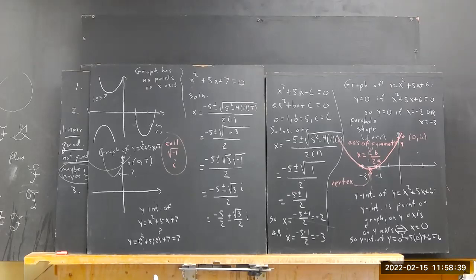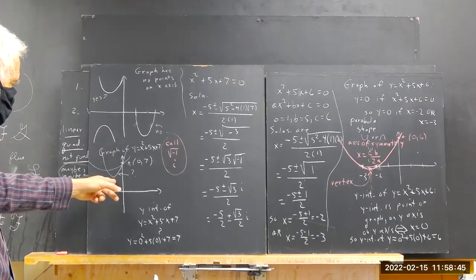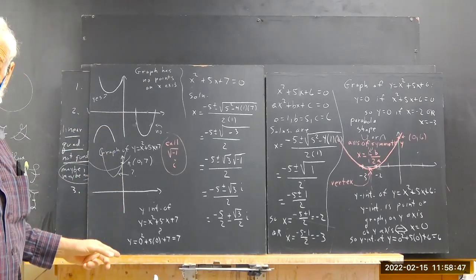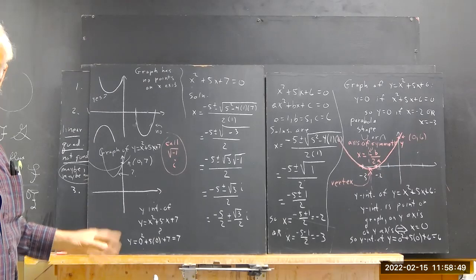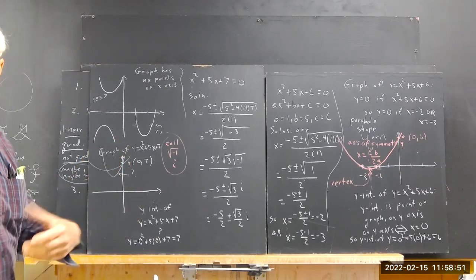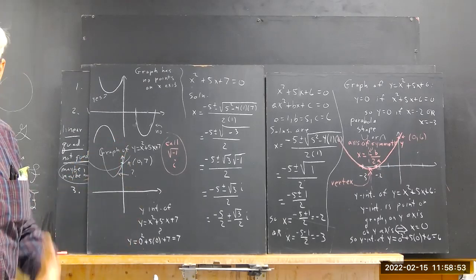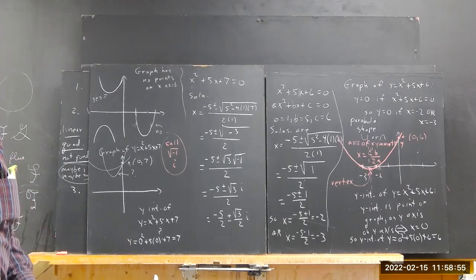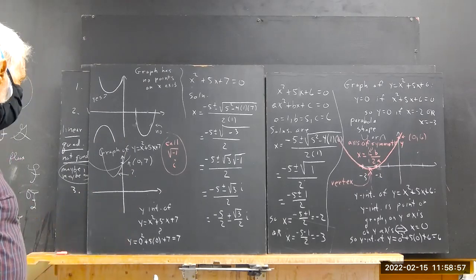Until you know what the axis of symmetry is, because you notice that the axis of symmetry of this one is here, and the axis of symmetry of this one is here. To get a good picture of your parabola, you need to know the axis of symmetry.